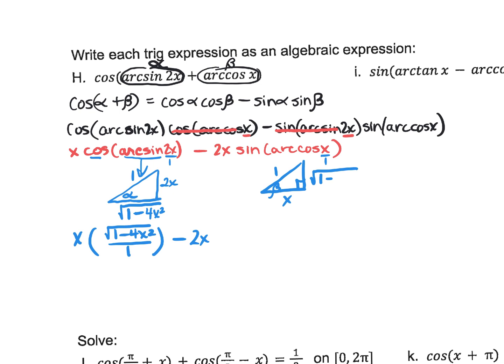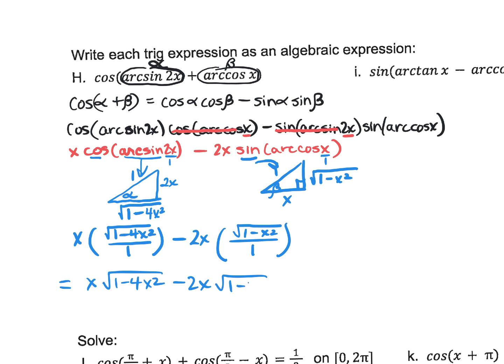So what's the side squared? Okay. Now we need to find the sine of this one. Opposite over, so this is x root 1 minus 4x squared minus 2x root 1 minus x squared. And that's the answer, guys.